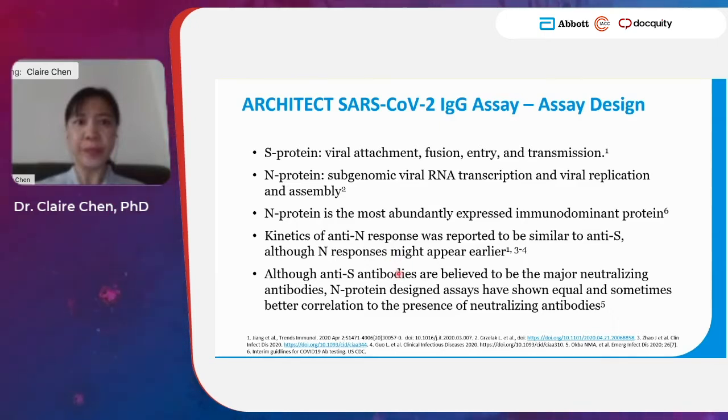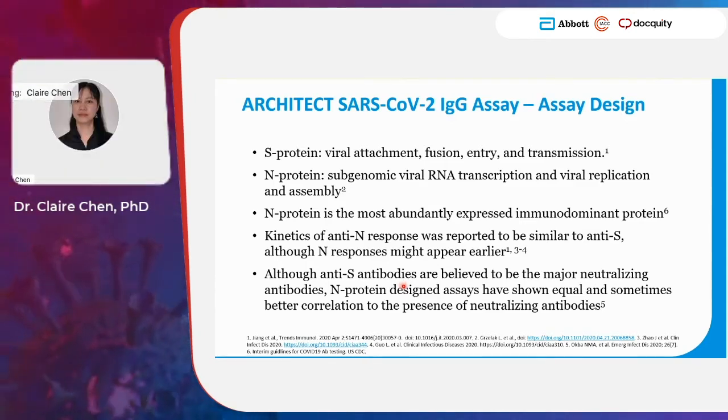That's why people always want to find out when a patient produced antibodies, and whether there are neutralizing antibodies. At this moment, neutralizing antibodies are believed to come predominantly from the anti-S antibodies.